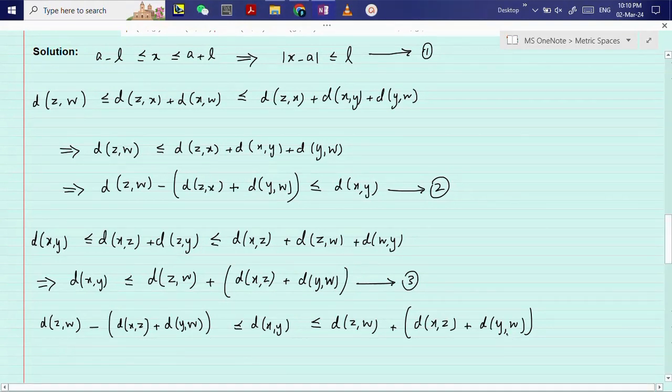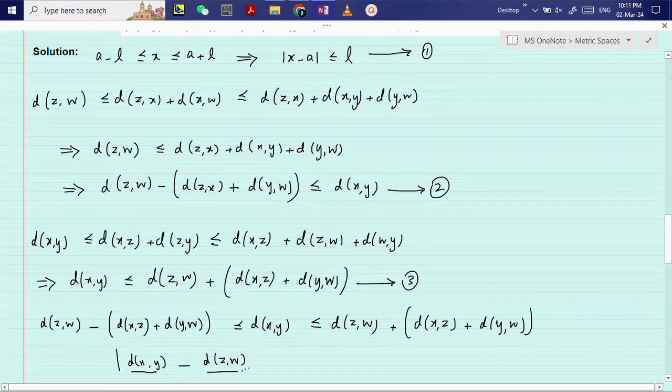By using implication 1, we can write mod of d(x,y) minus d(z,w), which is equal to a, and this one is equal to x.